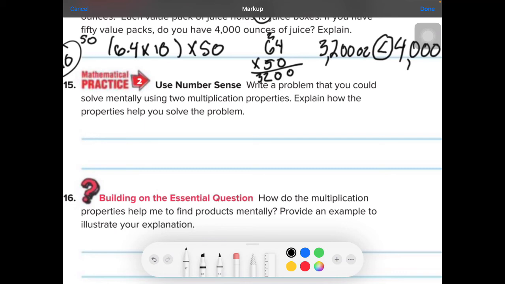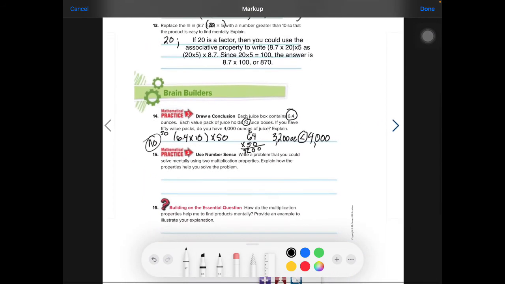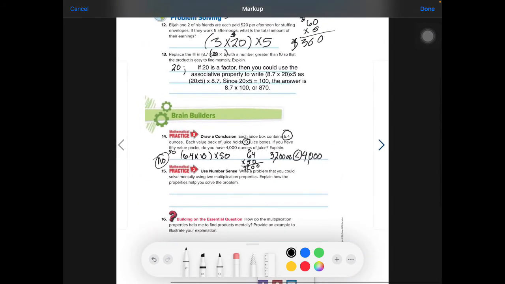All right, number 15, write a problem you could solve mentally using 2 multiplication properties. Explain how the properties can help you solve the problem. Okay, so when you have a problem like this, it's really easy to just go ahead and grab one from the previous page. So let's grab number 1, shall we? We could use 3 times 20 times 5 would equal the same as if we did 5 times 20 times 3.